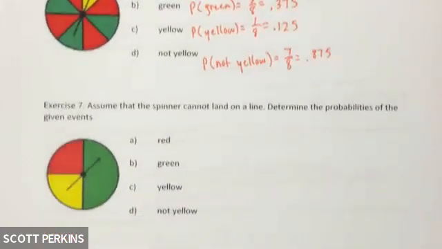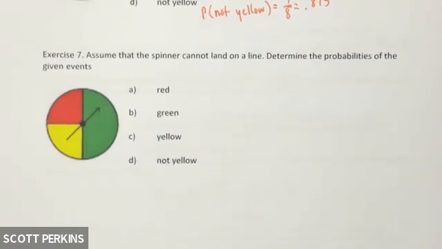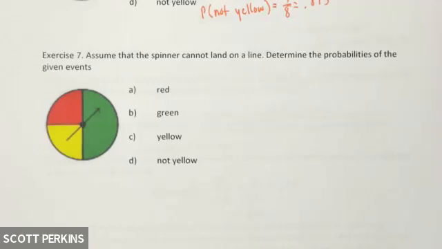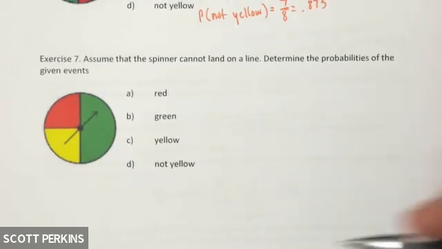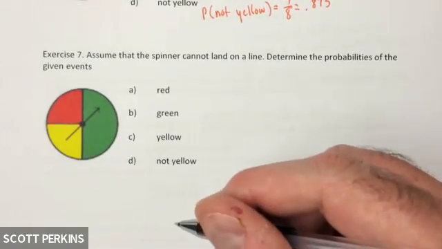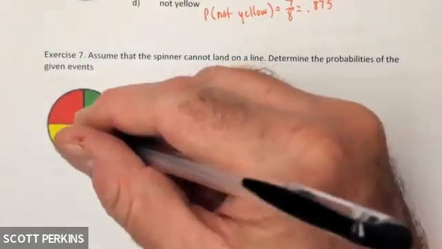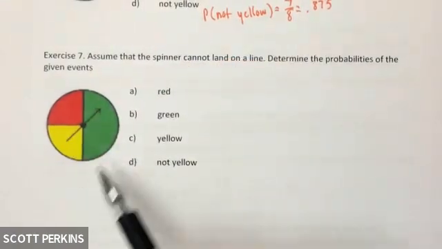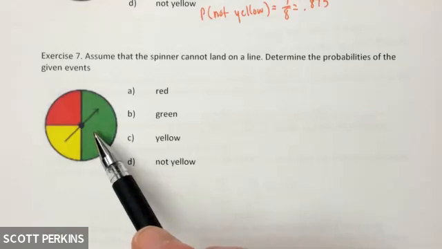So the last problem, exercise 7: when you encounter something where the spots aren't equally divided up, the easiest thing to do is to take your pencil and divide the spaces up into equal parts. So this green space, you can't just say the amount of green is 1 out of 3.